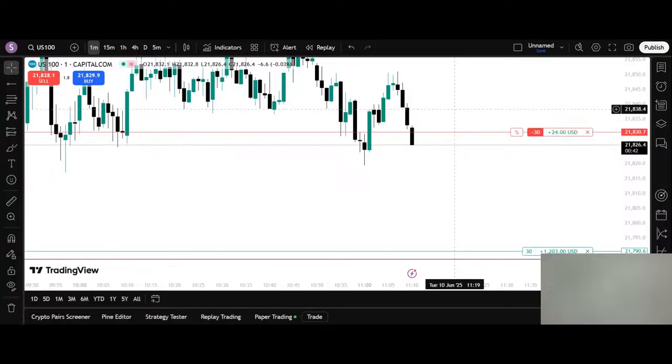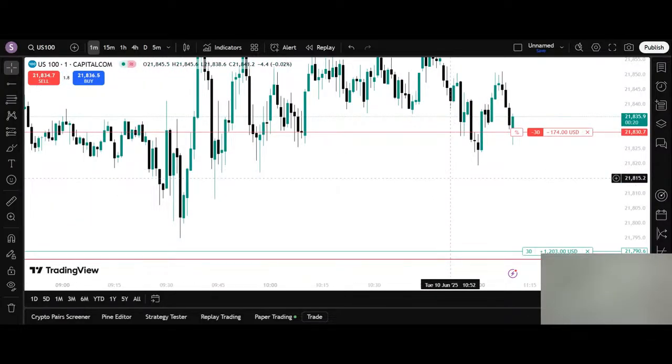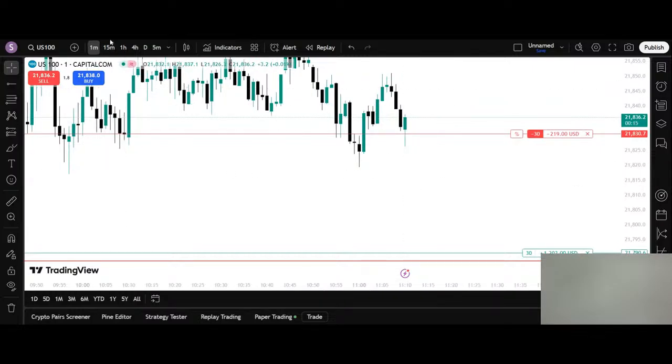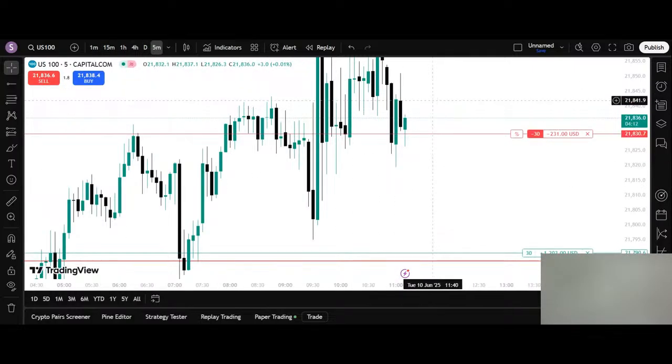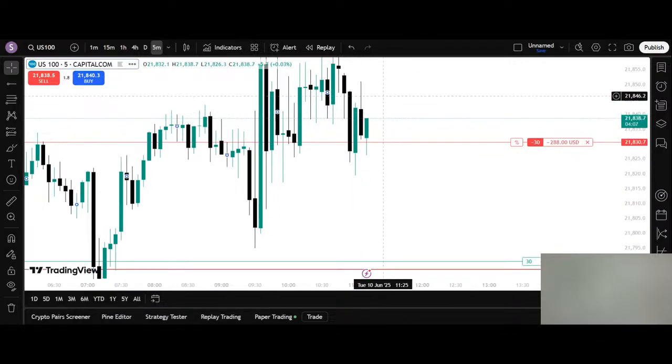We're in the green now. That was a U-turn. Just have to wait for it. Let's see how the 5 minute closed. The previous 5 minute closed kind of bearish.